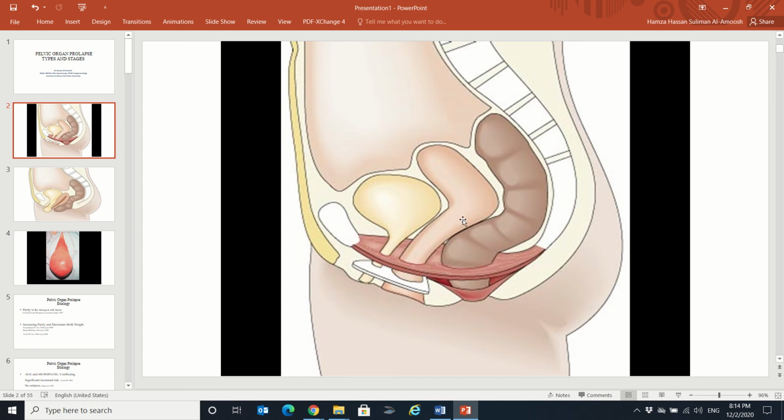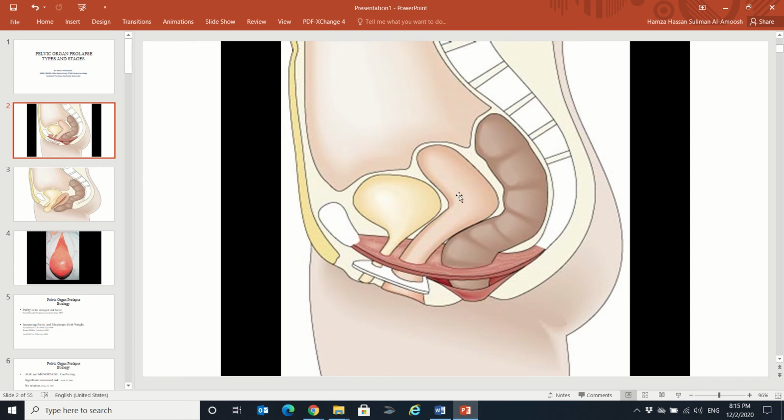There are also two ligaments from behind, starting from the cervix and going back all the way to the sacrum. They're called uterosacral ligaments. So two uterosacral ligaments and two cardinal ligaments, one on each side.